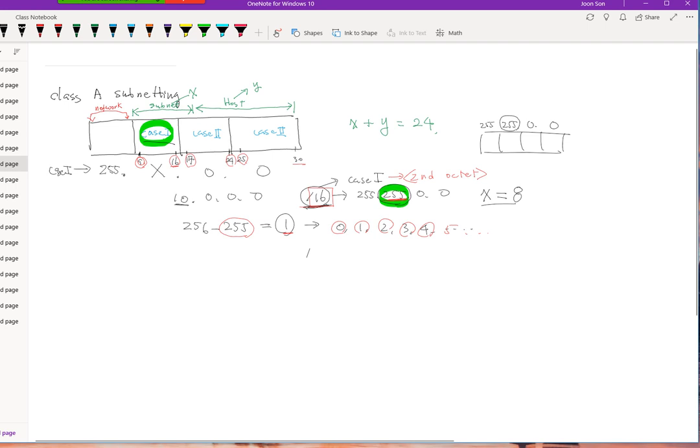The first portion is the network portion, and my subnet portion is 1111 1111. So my X is 8.